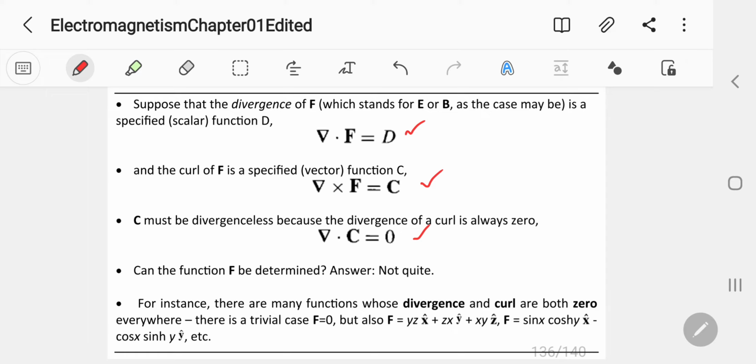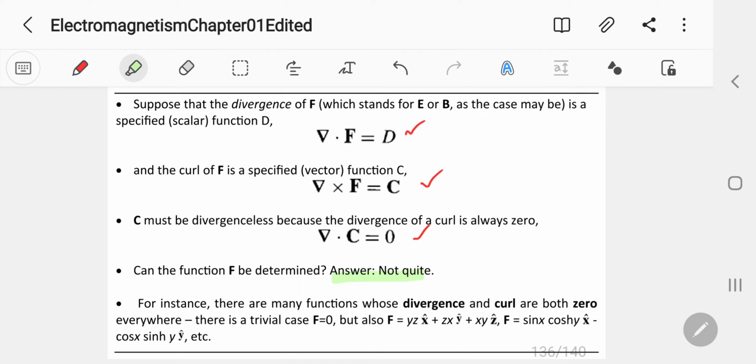But is this enough to determine F? The answer is not quite, because we can have so many F's.